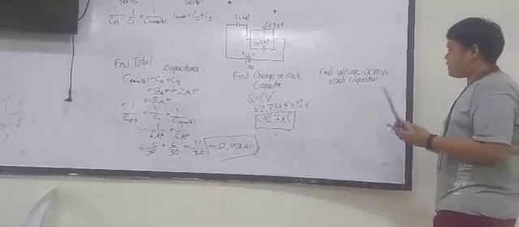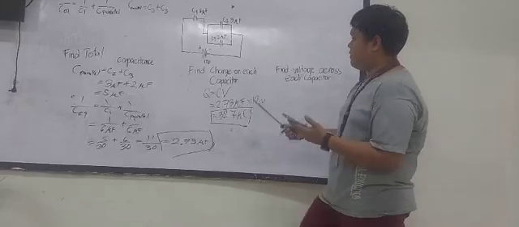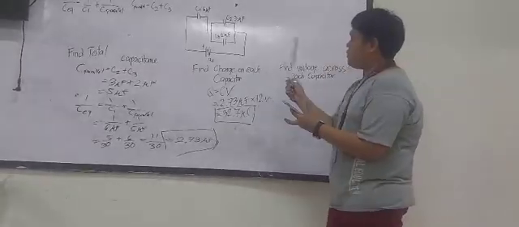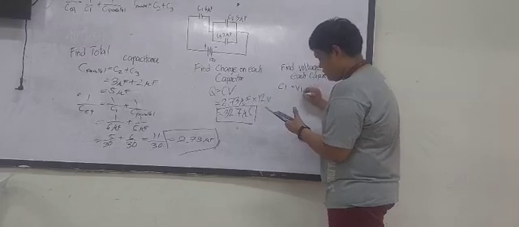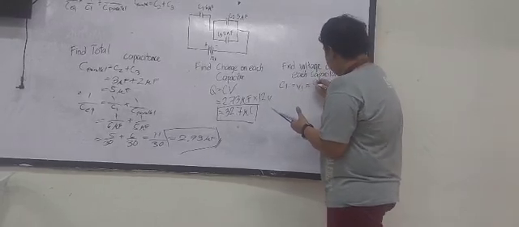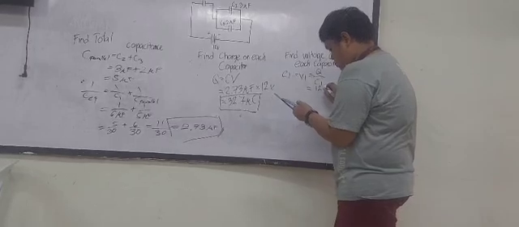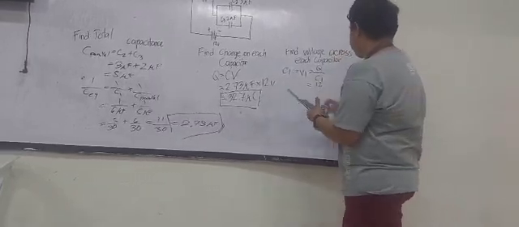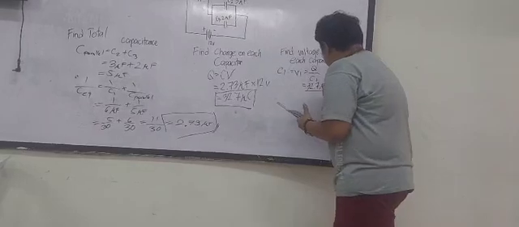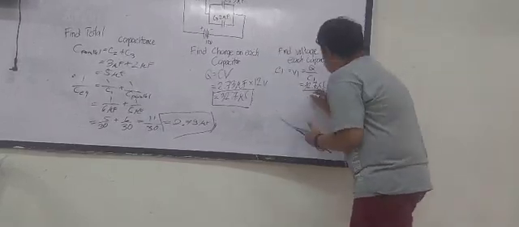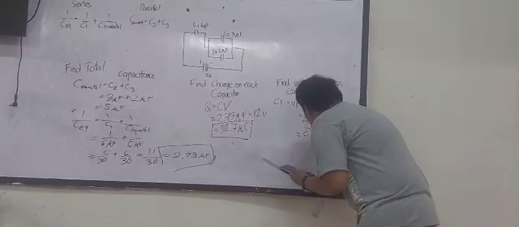Next, we're going to find the voltage across each capacitor. First, we get the voltage across capacitor 1, which is 5.46 volts.